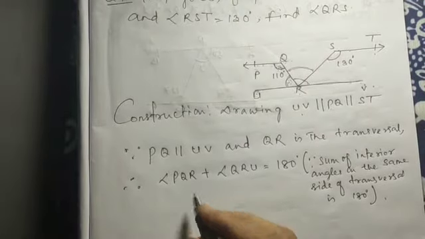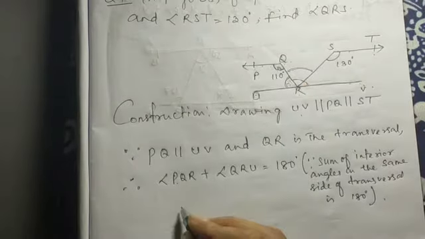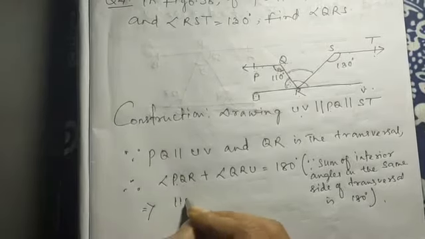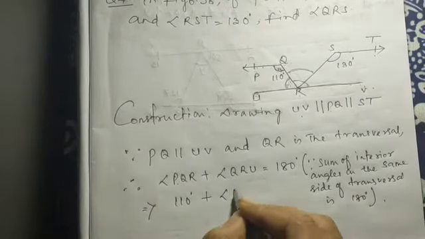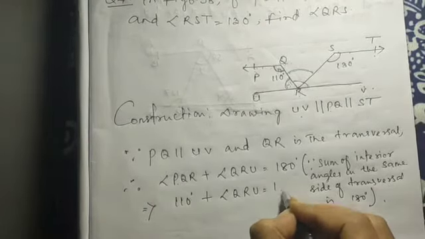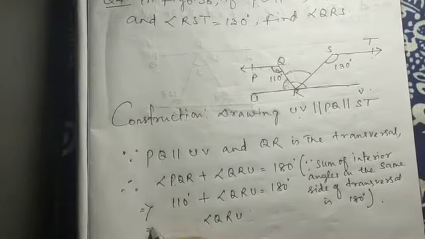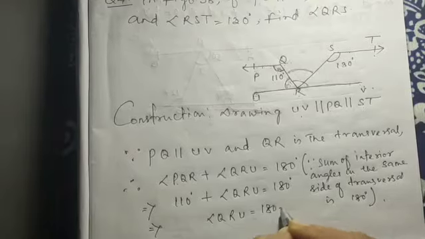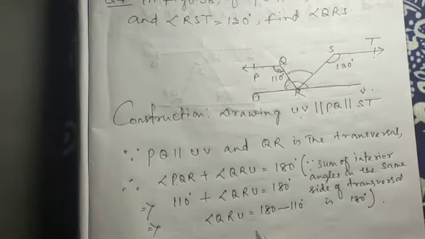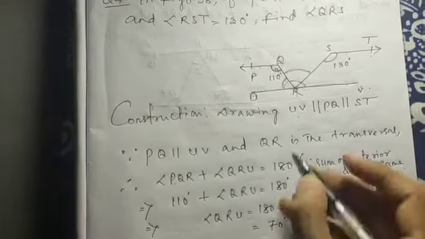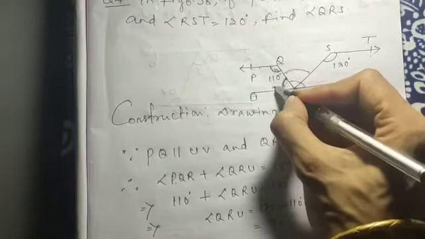So PQR we know here is 110, so putting 110 plus QRU, which we don't know, angle QRU is equal to 180 minus 110, it will be 70 degrees. Okay, this one we got as 70 degrees.